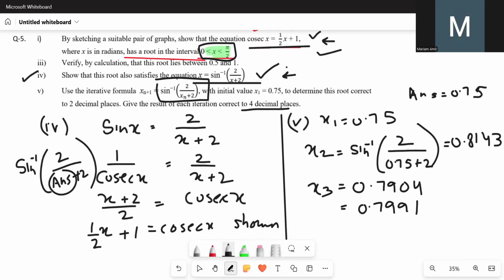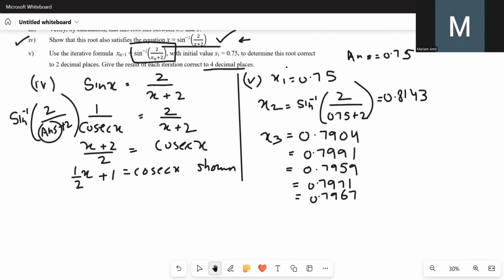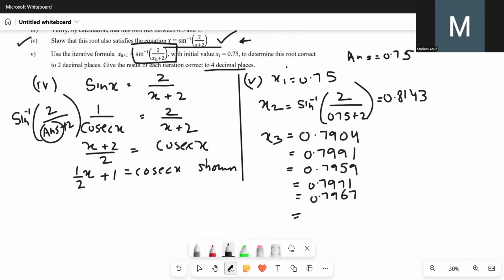You keep doing this till the answers stop changing: 0.7959, 0.7971, 0.7967, 0.7968, 0.7968, 0.7968.